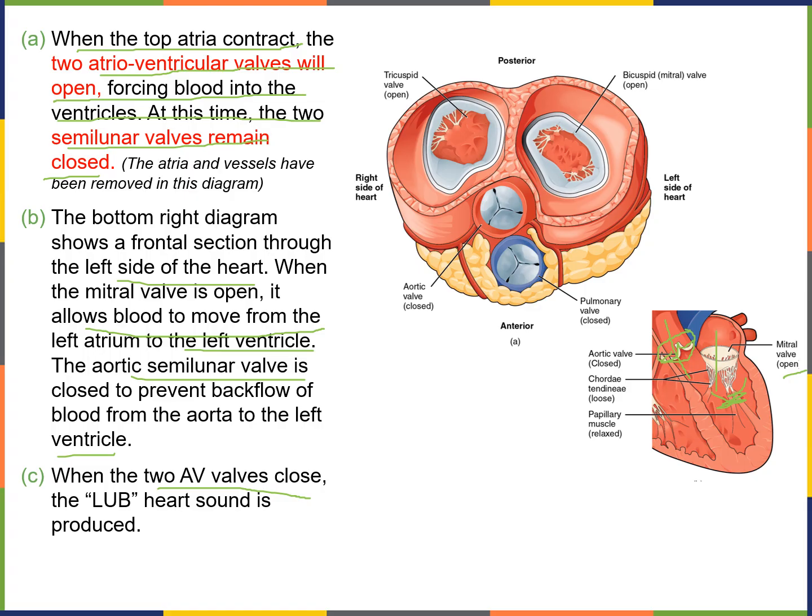So if the semilunar valves are open, we don't want blood backing up into the atria. So whenever the semilunar valves are open, the AV valves are closed. And when the AV valves close, you get what is called lub. So the heart sounds are kind of a lub-dub. So the lub sound is produced by closing of the AV valve.